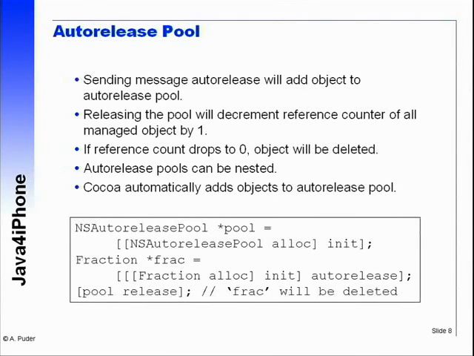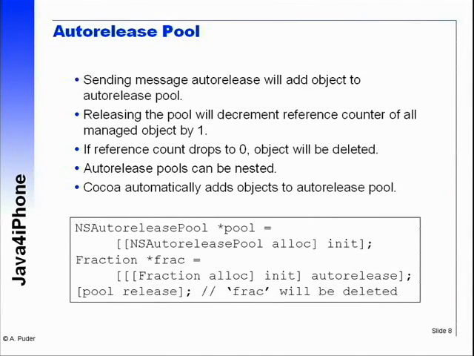So by releasing the autorelease pool, as I indicated in this comment, you will also automatically delete that frac instance. More precisely, the autorelease pool is decrementing the reference count by 1. Of course, the autorelease pool in that example only deletes the frac instance because the retain count is equal to 1 for this example here.